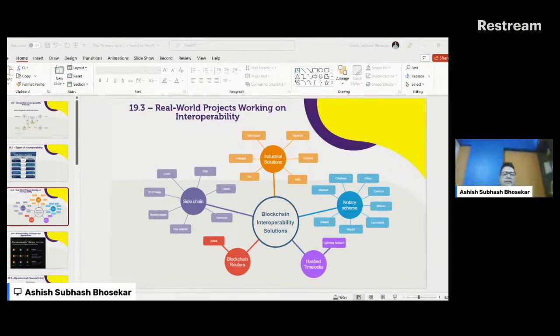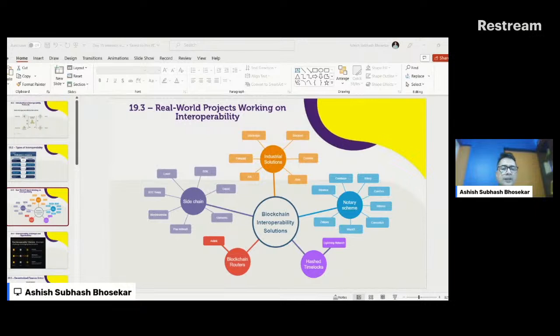Now we have so many banks and so many insurance companies using blockchain. If they are using different blockchains, then it will be difficult for them to exchange things, right? So that's why it is needed. I'm just giving an example. Cross-chain compatibility increases efficiency and reduces the need for centralized exchanges. Moreover, it opens up a wide range of use cases by combining the strengths of different blockchains, fostering innovation and creating more robust decentralized systems.